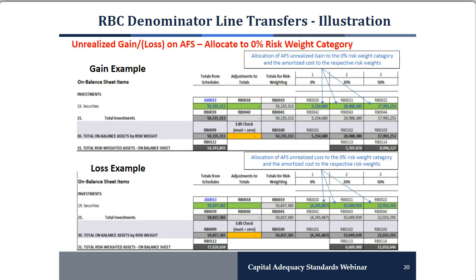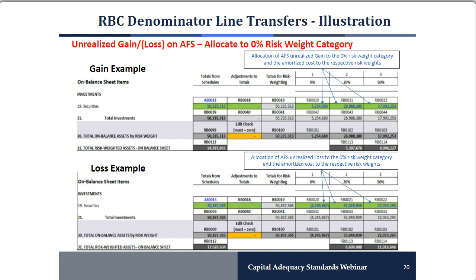This slide illustrates the reporting of unrealized gains and losses on AFS investments for risk weight purposes. In the gain example at the top, there are nearly $27 million and $18 million of amortized costs, respectively, in the 20% and 50% risk weight categories.